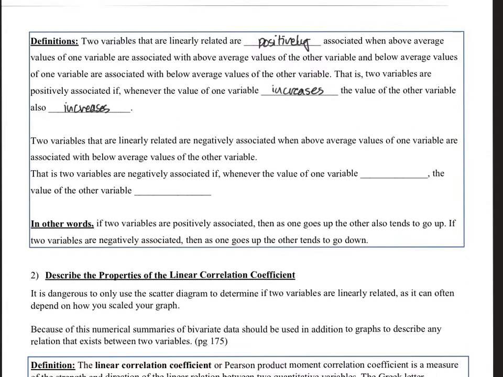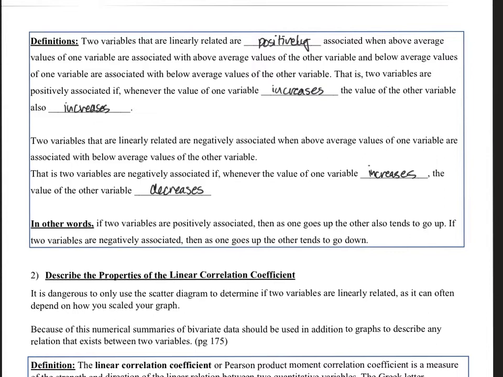Two variables that are linearly related are negatively associated when above average values of one variable are associated with below average values of the other variable. That is, two variables are negatively associated if, whenever the value of one variable increases, the value of the other variable decreases.